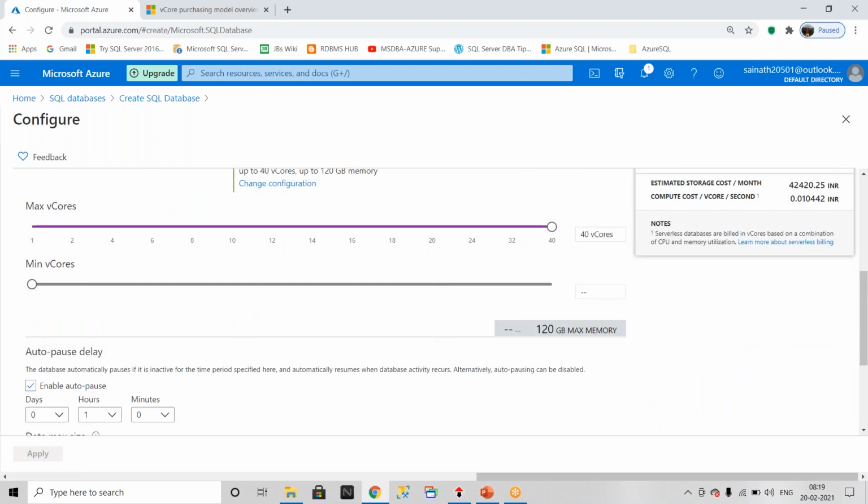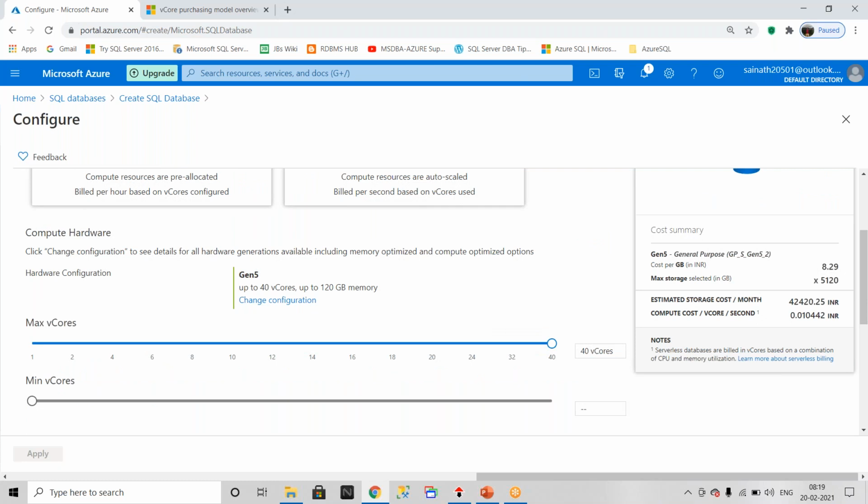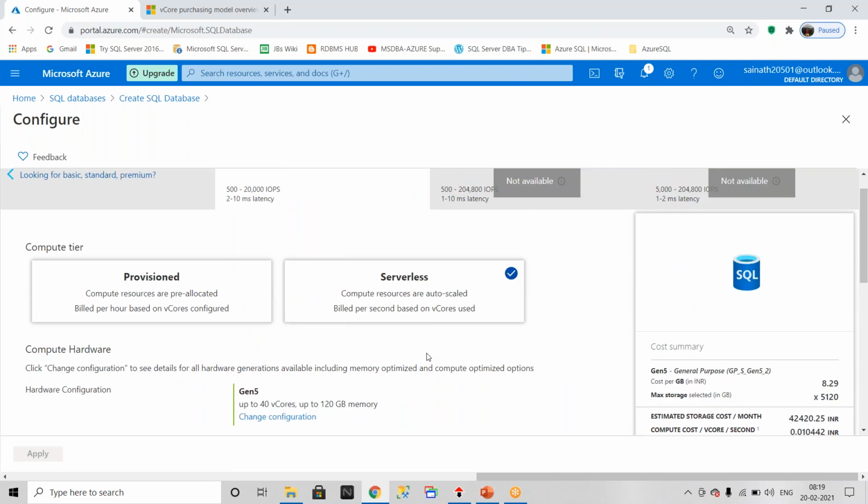What is the difference between serverless and a logical server then? Because a logical server is again not a server, right? Actually, I need to explain one concept: how Microsoft is managing this.